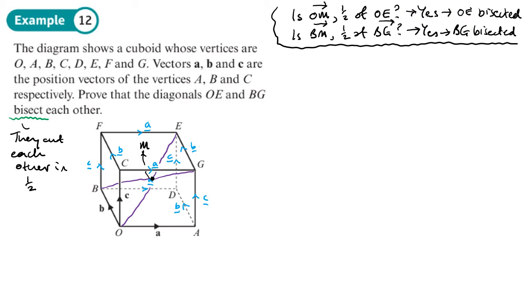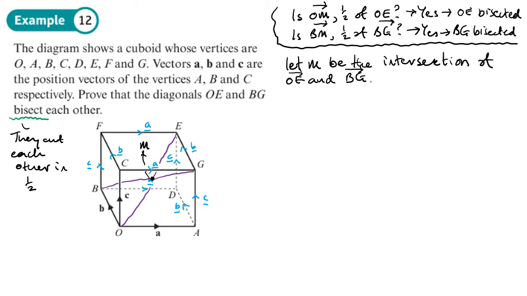Now we can start actually by saying let M be the intersection of OE and BG. So we're just stating, okay, this point M is the intersection of these lines. We're not saying it's bisected yet, that's what we want to prove.